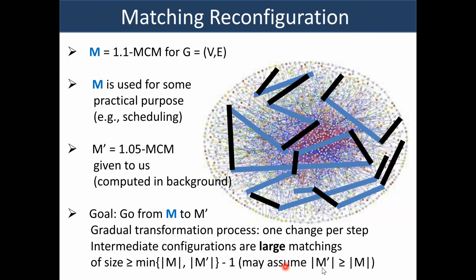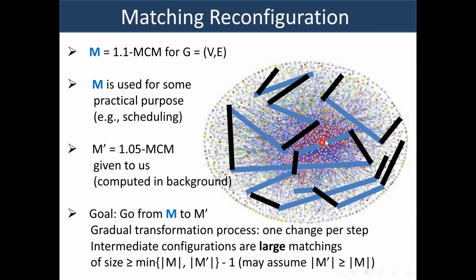We could assume that the size of M prime is no smaller than the size of M, but one can also imagine situations where we are going to switch to a worse, to a smaller matching due to some practical considerations. Okay, so we are allowing this unit of decay, unit of slack.